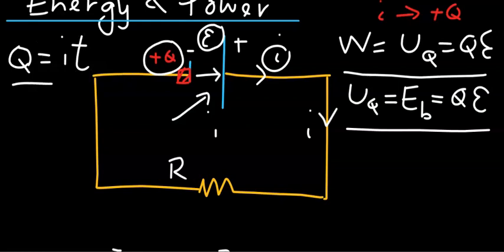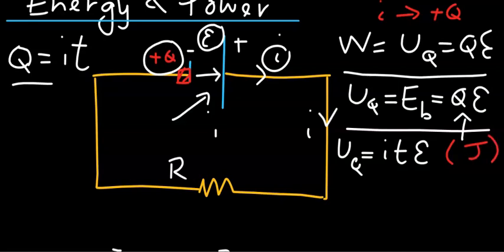Substituting this result in here, you see that we obtain U sub Q, the potential energy of this charge, is quite simply I T times EMF. We again note and recall the SI unit for potential energy is joules.